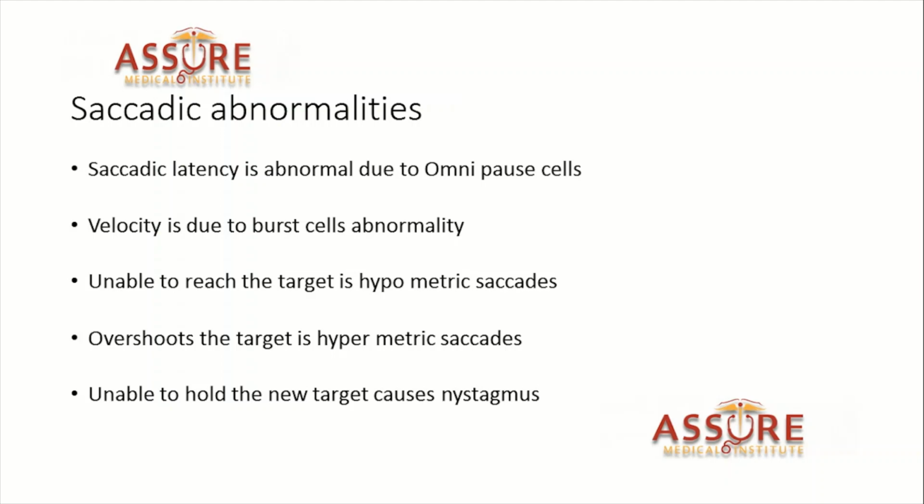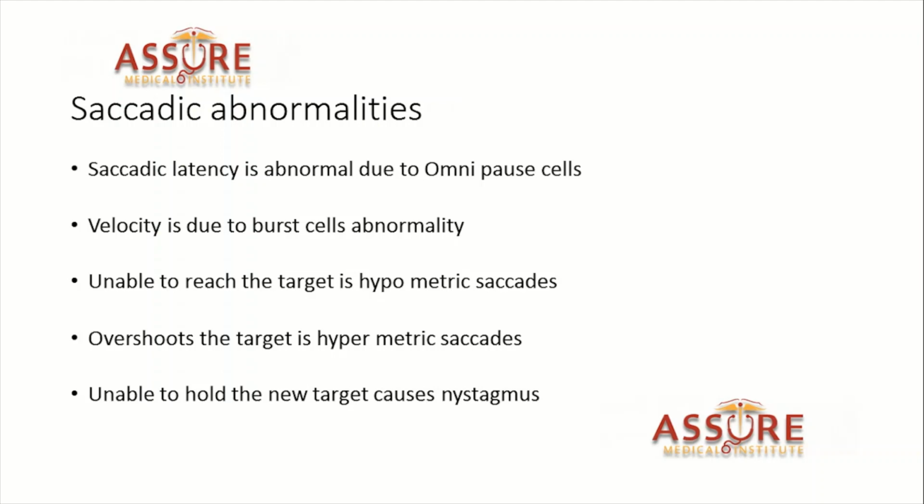Now the saccadic abnormalities. Saccadic latency is abnormal because omnipause cells are inhibiting the burst neurons. Once the inhibition stops, only then can the burst neurons fire. If this inhibition stops late, the burst neurons cannot fire, and this is where the saccadic initiation latency will be delayed. If the velocity is low, it is because the burst cell pulse is not strong enough.